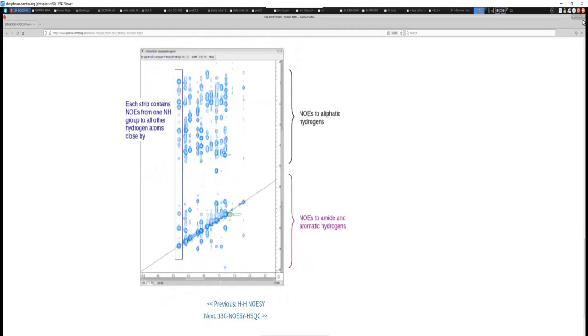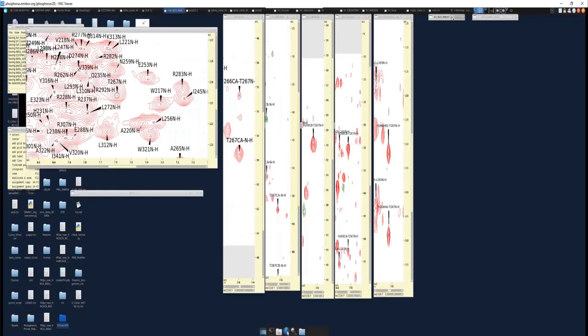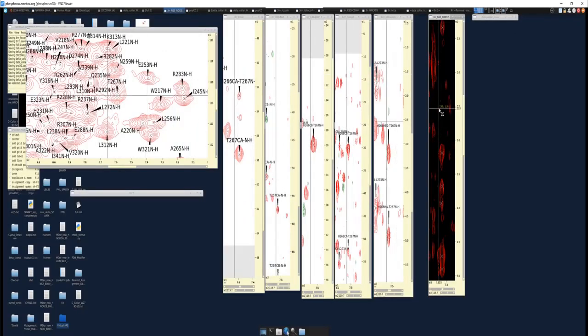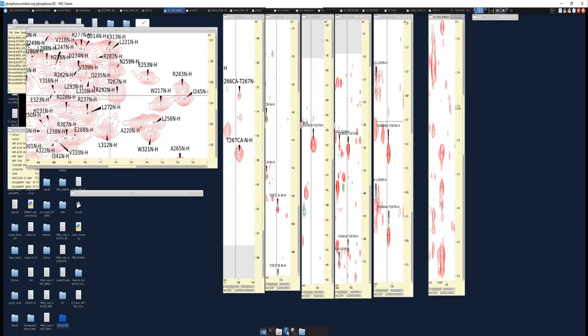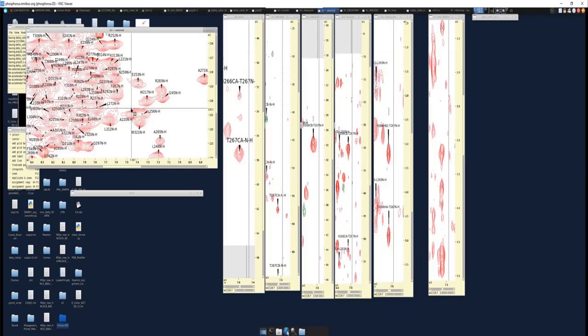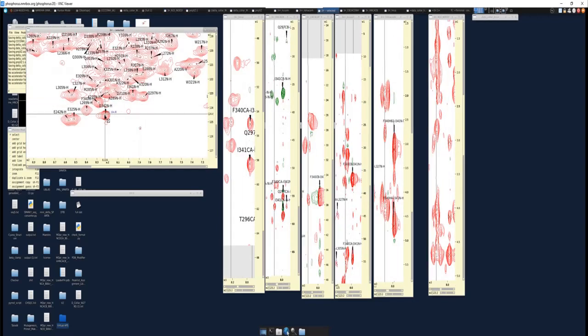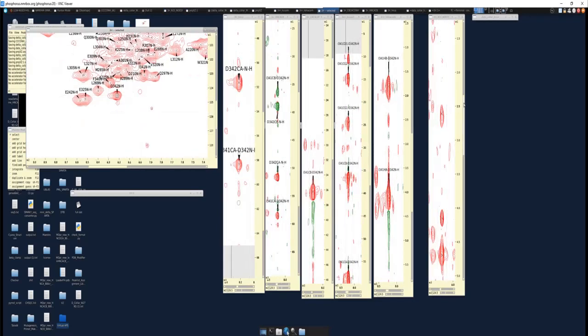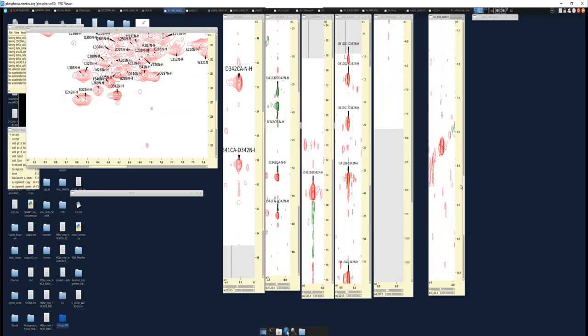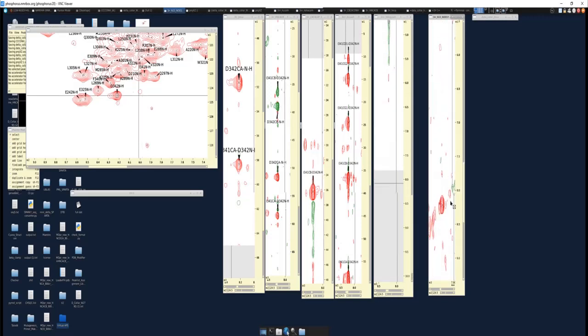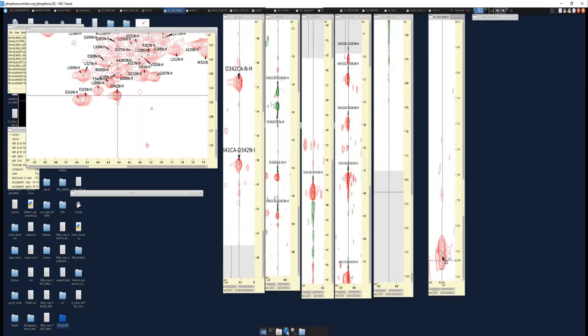So let's see how this actually looks in the context of the experiment and your data. So let me invert the color here so you can see it a little better. And let's go back to our classic example here that we had. And let me scroll all the way down here. So in this scenario, we have a peak here.